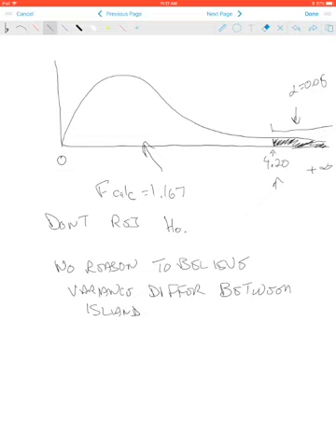But let me go on and do a one-sided F test. In this case, someone wishes to test whether female mallards, so mallards are ducks, are less variable than male mallards.